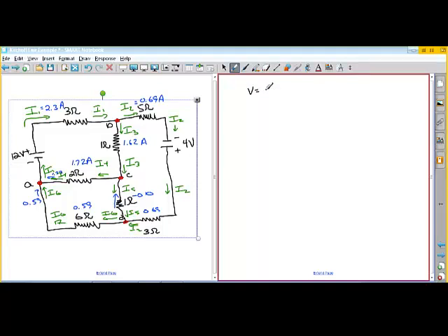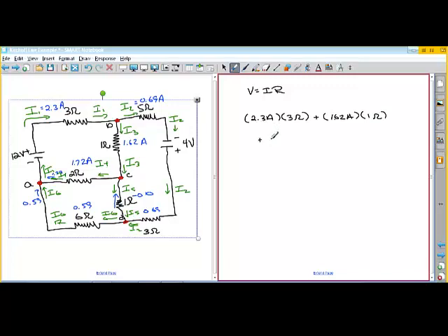So the voltage, again, is current times resistance. So let's do this. So we're going to have 2.3 amps times 3 ohms. That's the voltage drop across this resistor. Then we'll have 1.62 amps times 1 ohm. That's the voltage drop across that resistor.